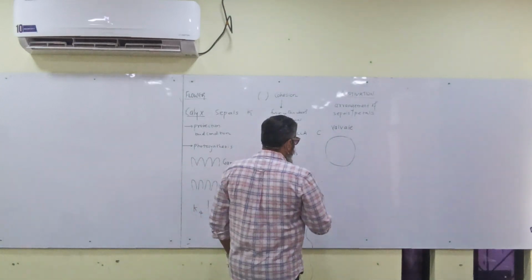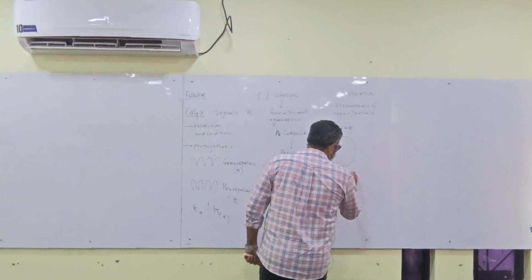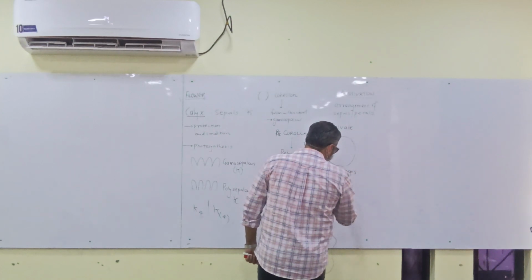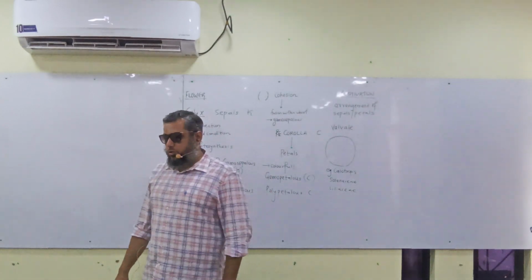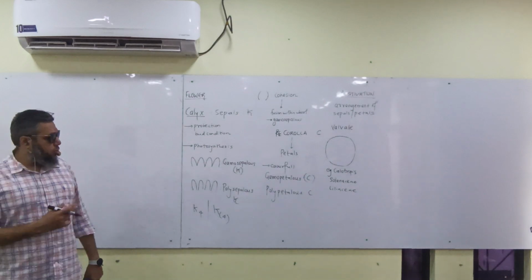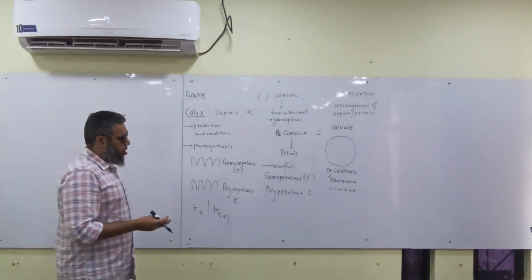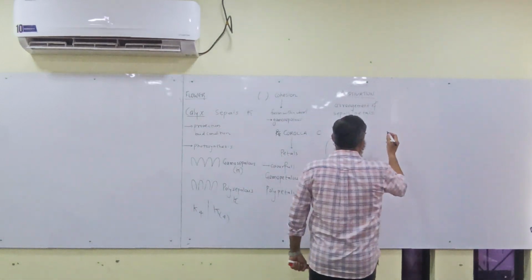So give examples of valvate: a plant called Calotropis. And which family? Solanaceae and Liliaceae. So it can be found in two families, Solanaceae and Liliaceae. There is even one more family, but it is not there here. So remember valvate: one example is Calotropis, and the two families are Solanaceae and Liliaceae.